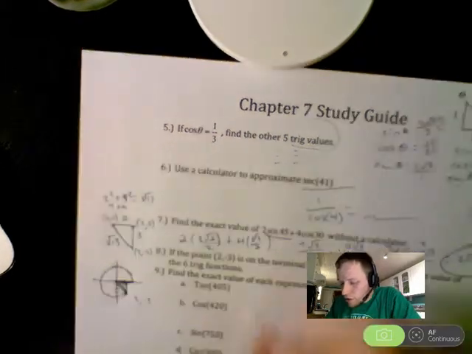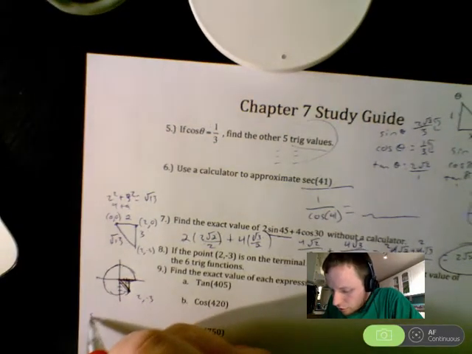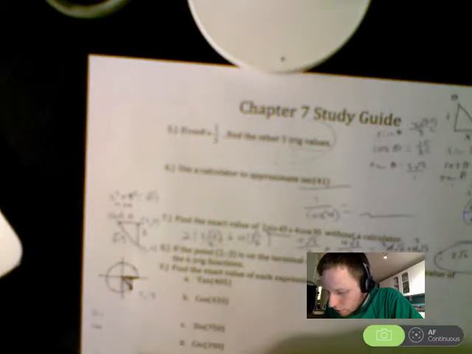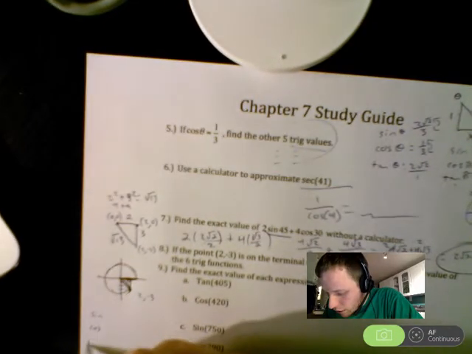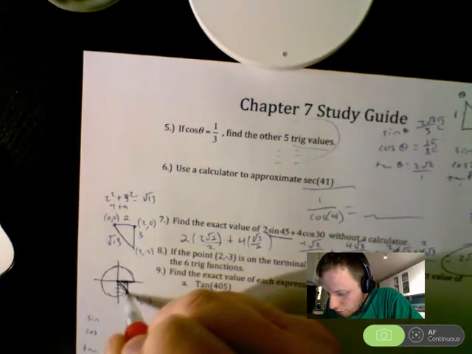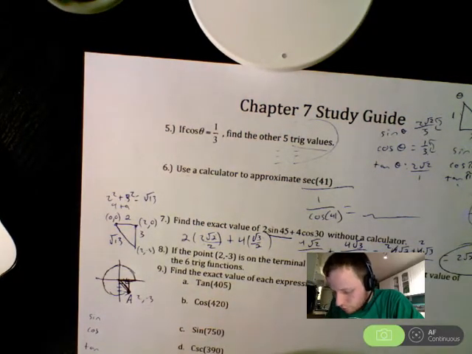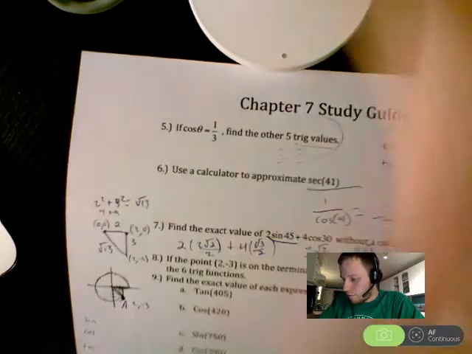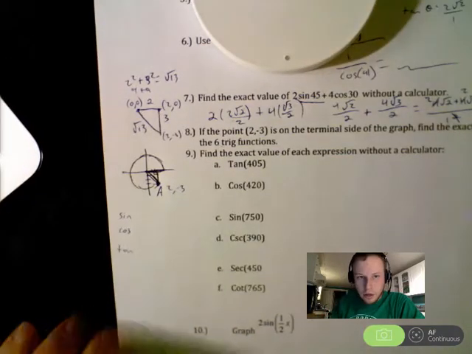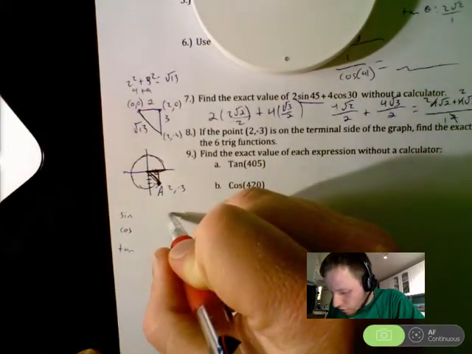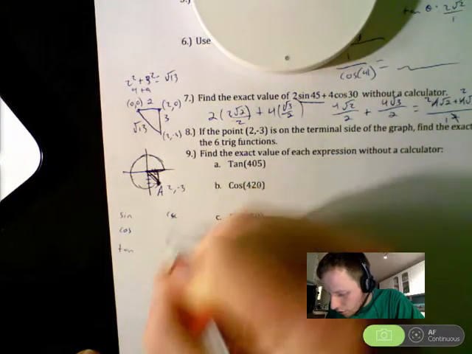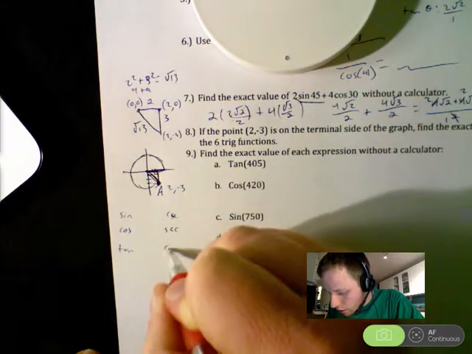For our 6 trig functions, I'm going to do sine, cosine, tangent, going from this angle A here, and then we're also going to have cosecant, secant, and cotangent.